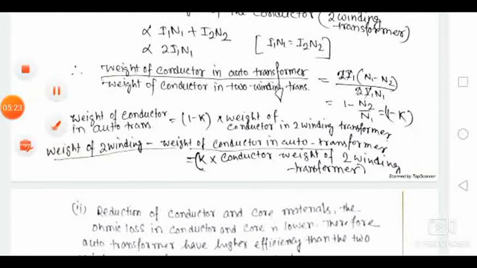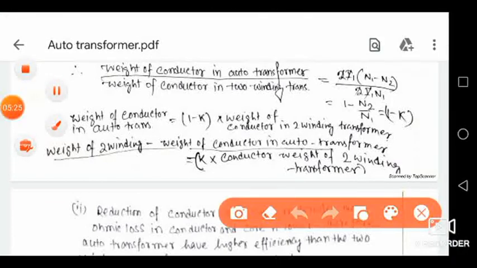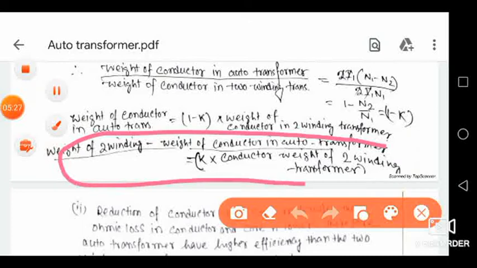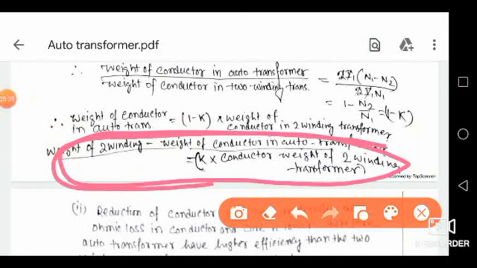This is very simple, and you have to remember this equation: the weight of two winding transformer conductor minus the weight of conductor in the auto transformer, that is actually the saving weight, is equal to K into the conductor weight of the two winding transformer.